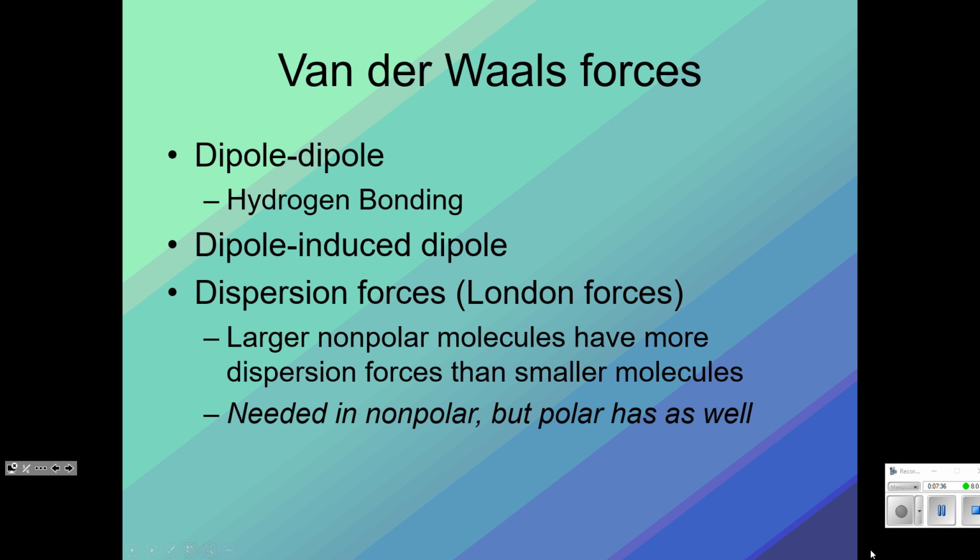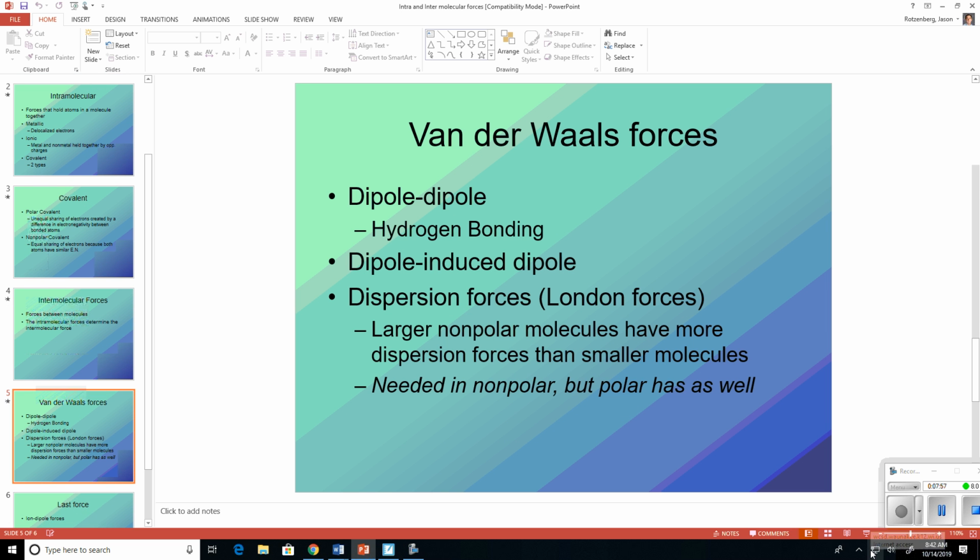And again, when I draw that out, maybe that'll make a little bit more sense to you. But the bigger they are, the more temporary dipoles they have, therefore they're held together better. Small nonpolars, not held together very well. So again, what I'm going to do is draw out an example of each right now.